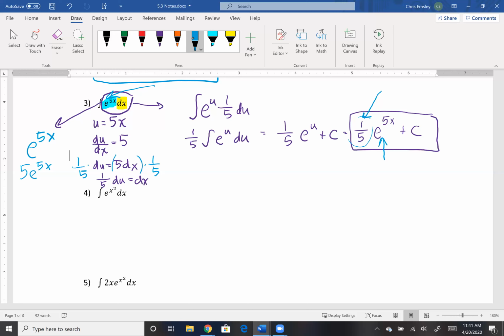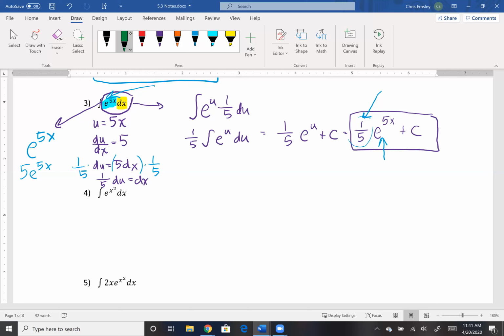When it's just something simple like this 5x, you can see it. When it's a little more involved, like the number 2 example that we did in warm-up, I think it's better to actually write it out explicitly. But on these basic ones, you can definitely just see this pattern.